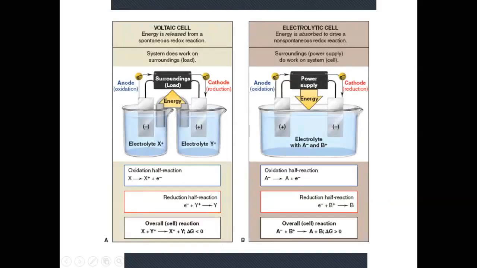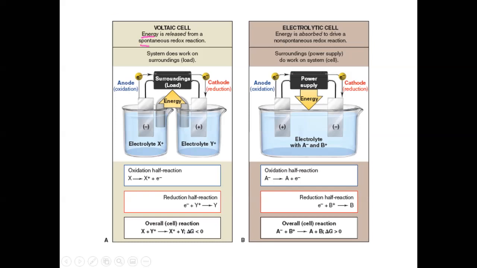And this is an illustration of both a voltaic cell and an electrolytic cell. In the voltaic cell, we release energy. It's a spontaneous reaction. The system does work. So here you see the anode produces the electrons. The cathode consumes the electrons.